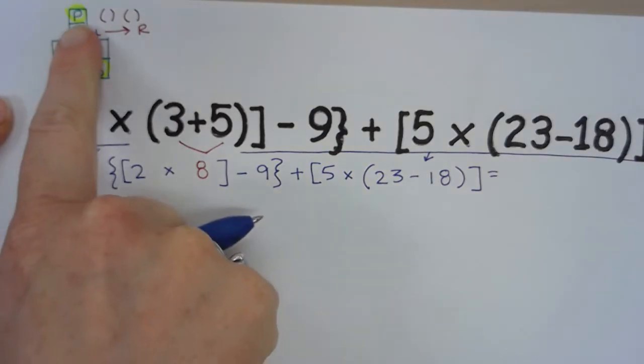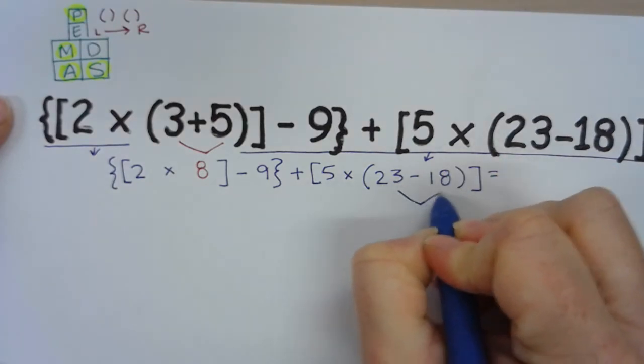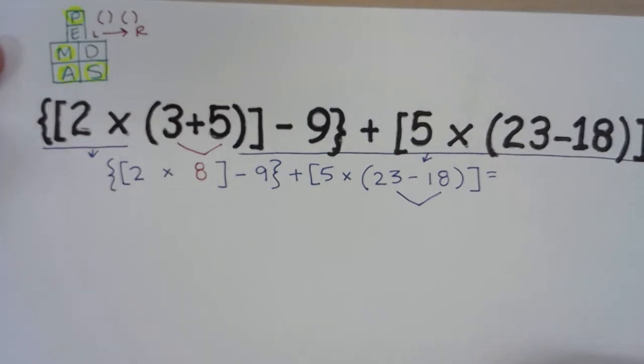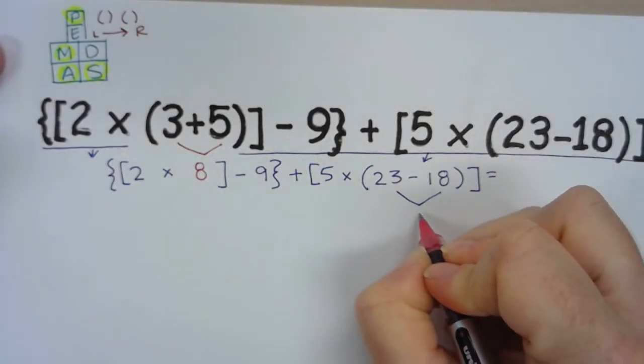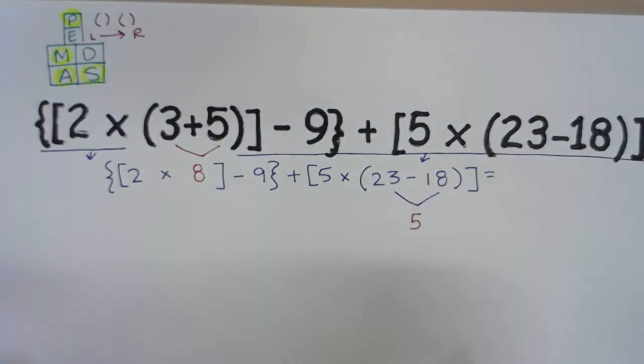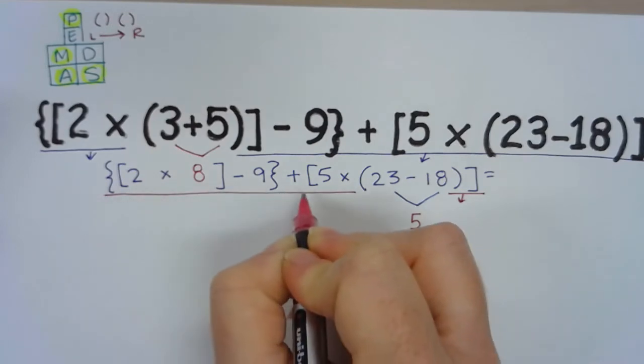I'm still in my P for parentheses step, and I still have that first grouping symbol. I still have parentheses. Here I know that 23 take away 18 gives me a difference of 5. I've solved everything inside this parenthesis, so I can simply bring down everything else.